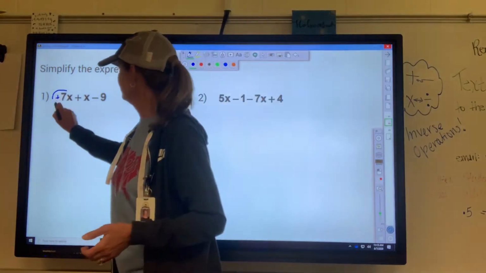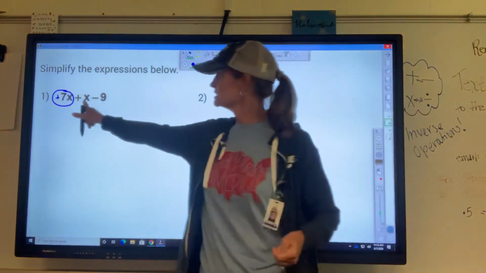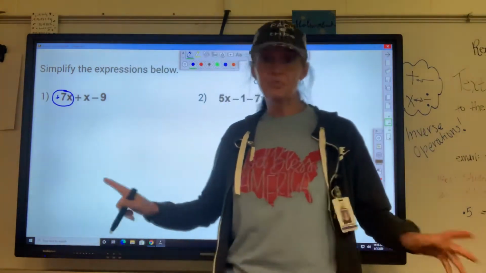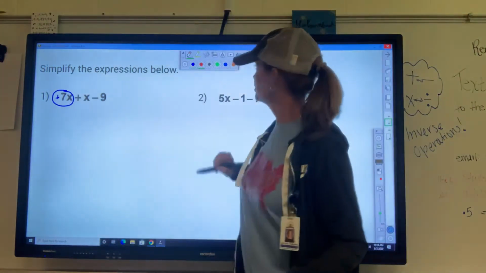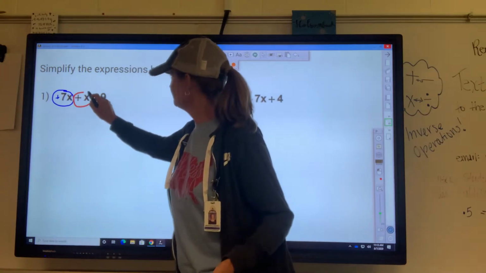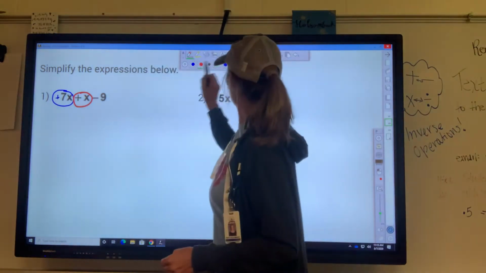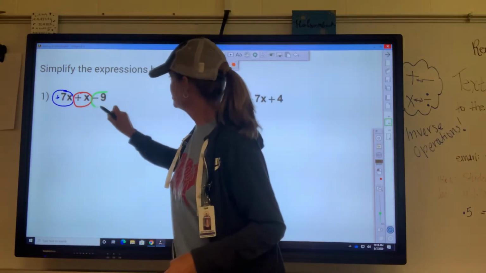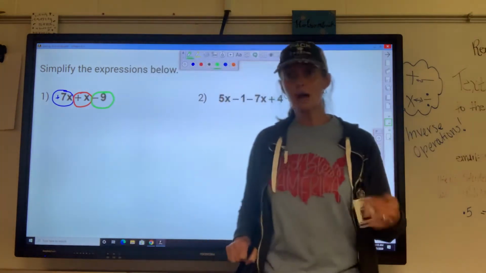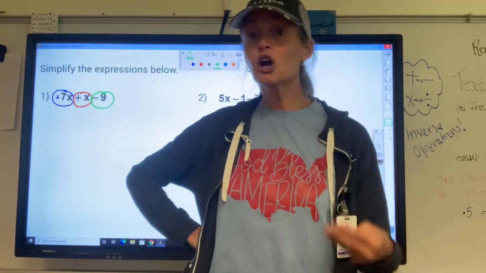That in itself is a term. And notice I got to this next plus sign, remember? That's going to be the start of another term. So this is going to be a term. And as soon as you hit another plus or minus sign, bam, that's going to be a term. So you can see that this problem is made up of 3 separate terms.